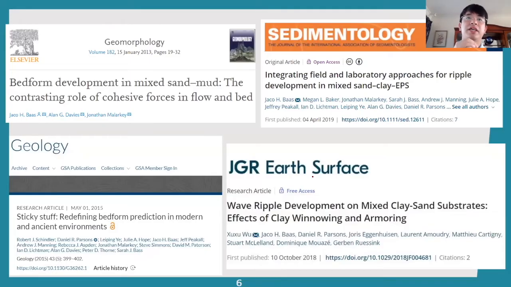Recently, some researchers have put their attention on bedform dynamics with cohesive clay, and there are 4 examples. The first 3 investigated how the cohesive clay affected bedform development under the current.